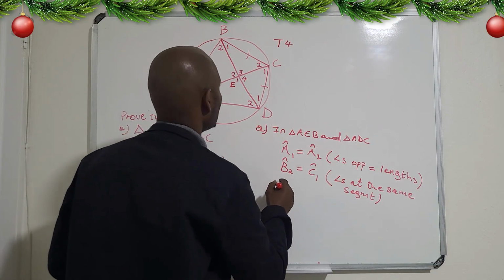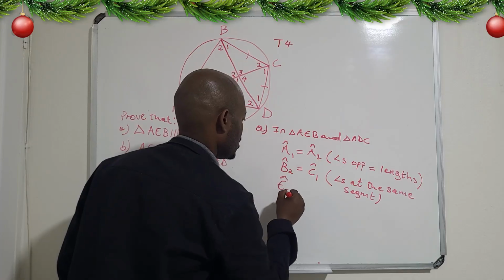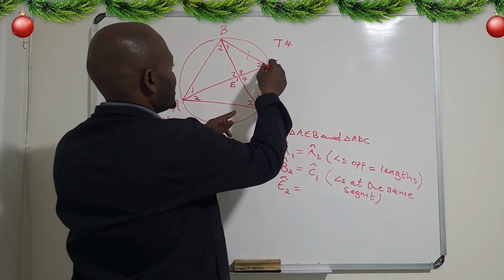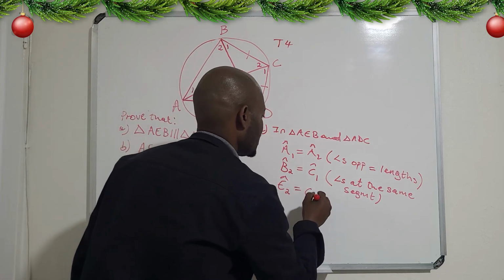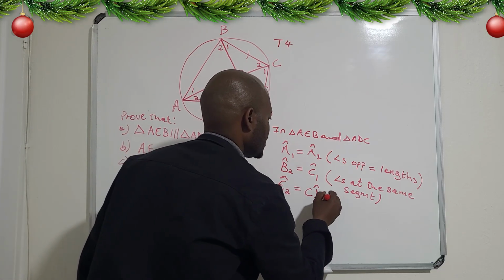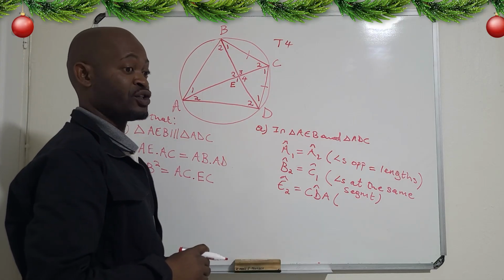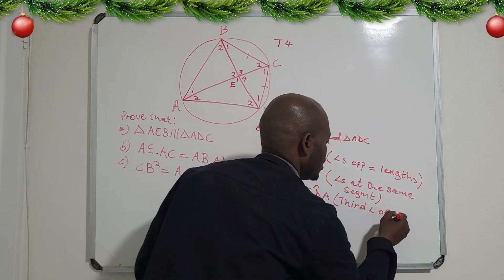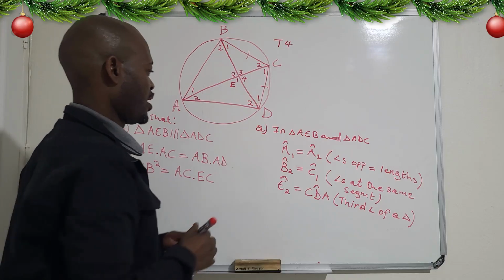Therefore, angle E2 is equal to, obviously, angle CDA. Reason: third angle of a triangle.